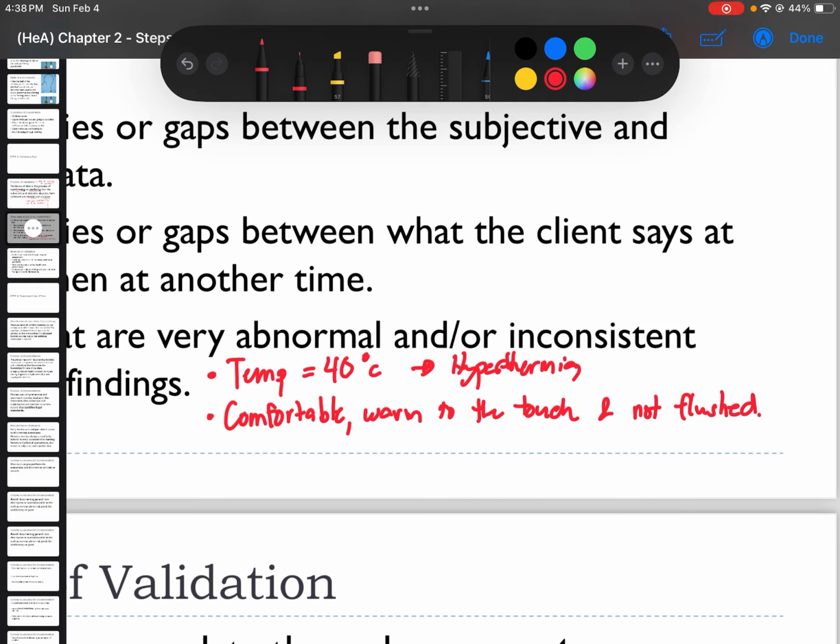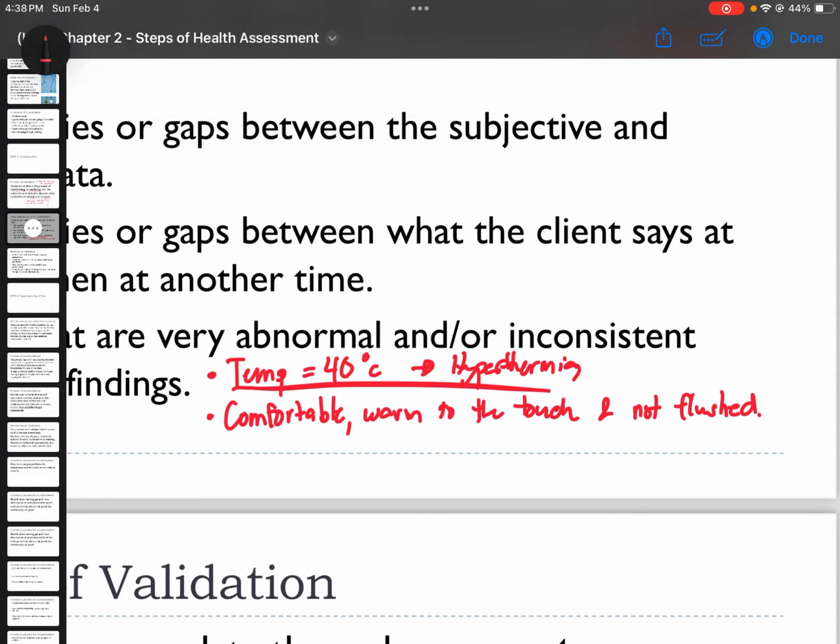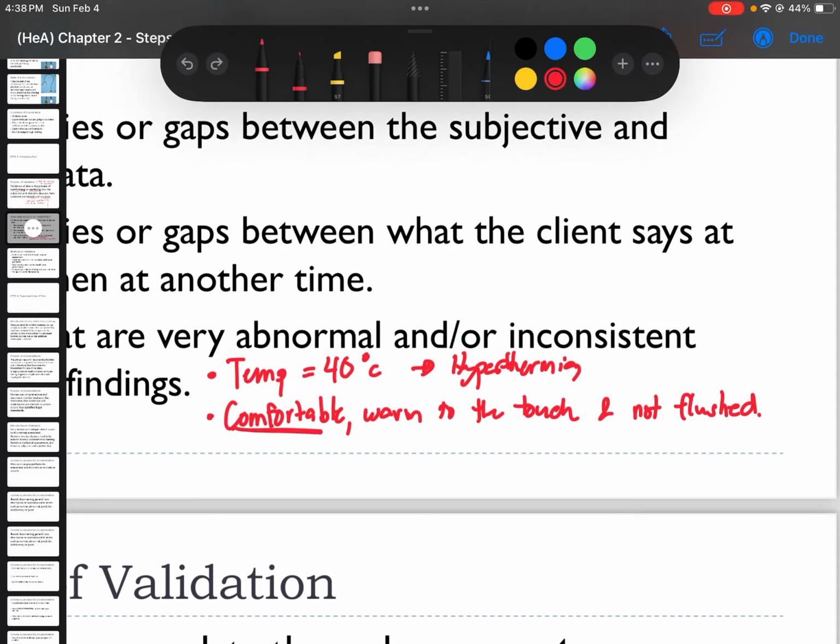Now those are two conflicting data points, no? This one is telling us that they have fever, while this one, class, is telling us that there is no fever. Okay? When you have a 40-degree temperature, class, you're not gonna be comfortable.